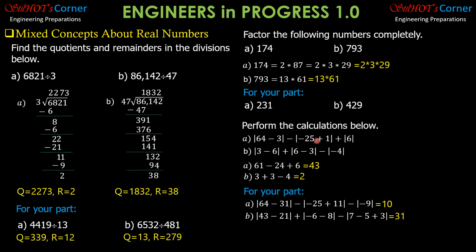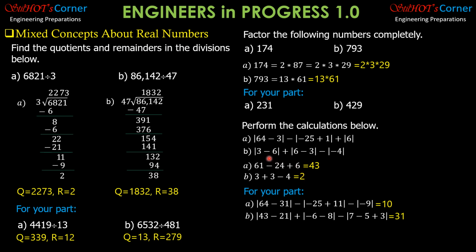Then minus 24, because this is absolute value of negative 24, which is positive 24. Then plus 6. So 61 minus 24 plus 6. Then 61 minus 24 is 37. 37 plus 6, 43. So that is 43.